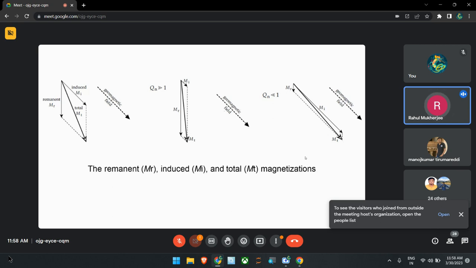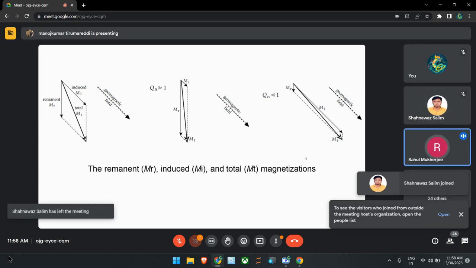Sir, in an area near the equator, will we get error due to declination effect as we are far from the pole? Declination is not like that actually.